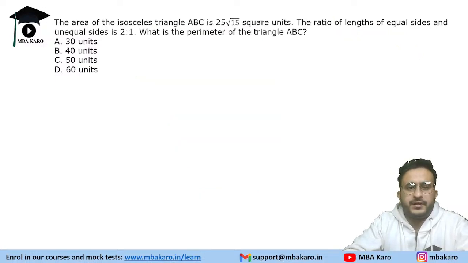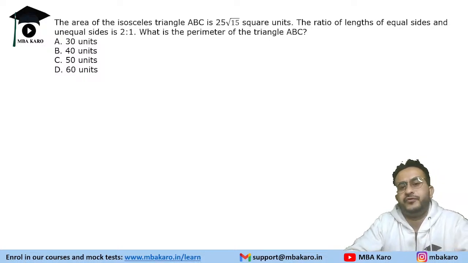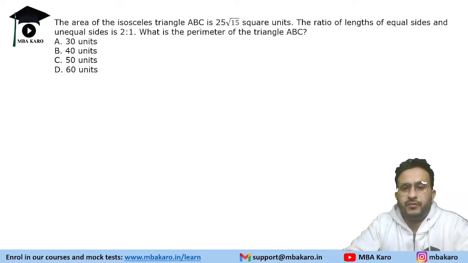Okay. The area of the isosceles triangle ABC is 25 root 15 square units. The ratio of lengths of equal sides and unequal side is 2 ratio 1. What is the perimeter of triangle ABC?